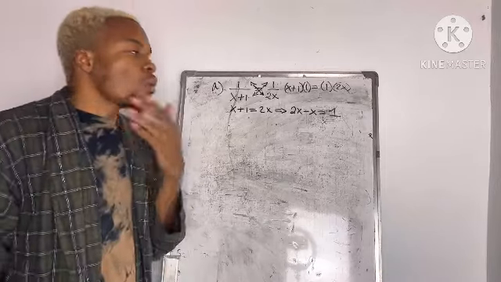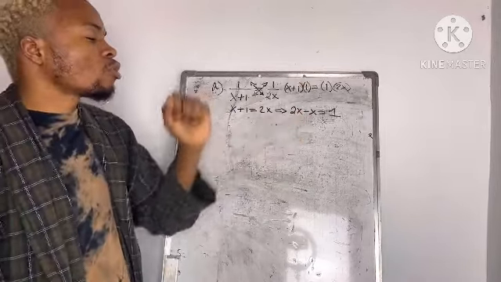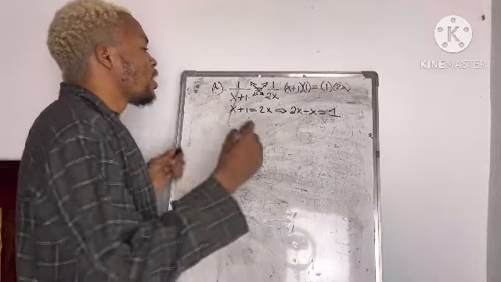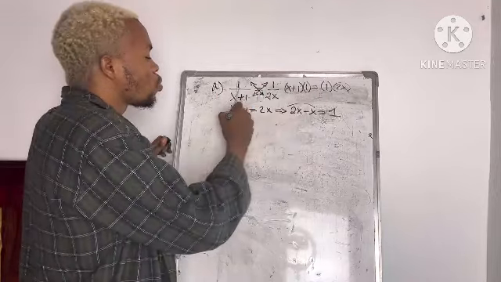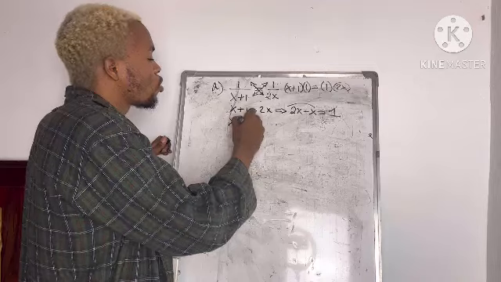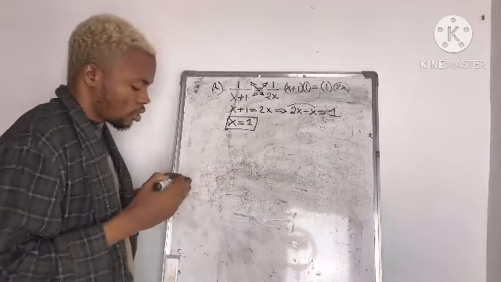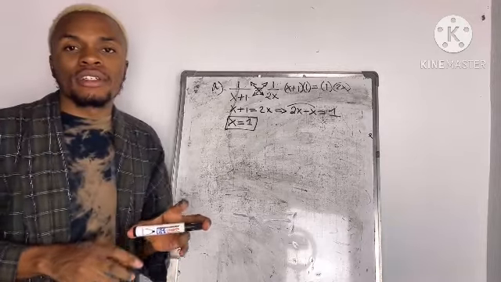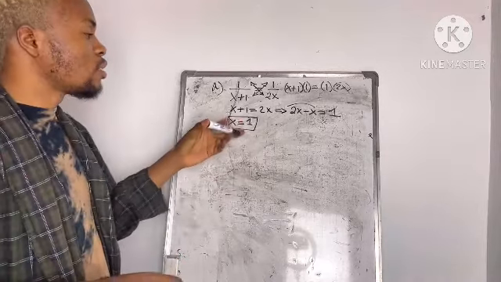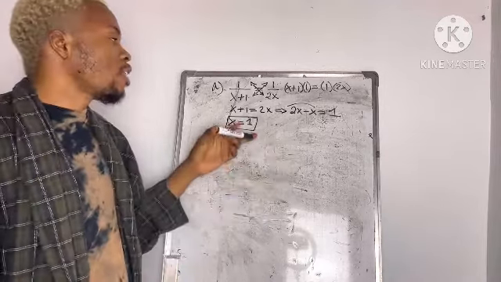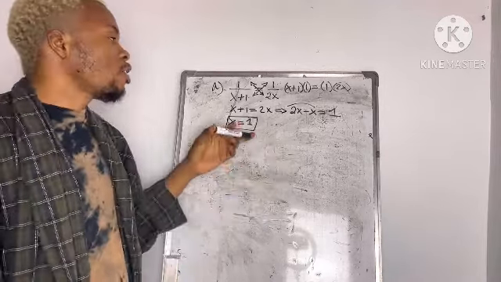Now 2x minus x equal to 1, from here 2x minus x will give you x, which is equal to 1. So that's easy, right? Our value of x there is equal to 1.